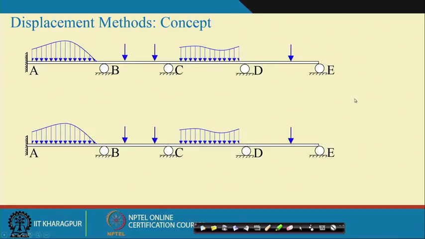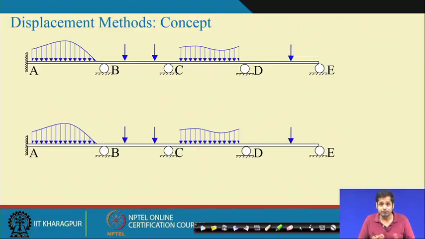This is an indeterminate structure. By just looking at the structure, we can say that the static indeterminacy of the structure is 4. And we also know how to determine kinematic indeterminacy, and if you look at the structure, we can say the kinematic indeterminacy is also 4.